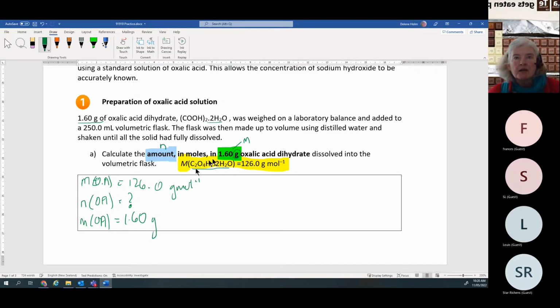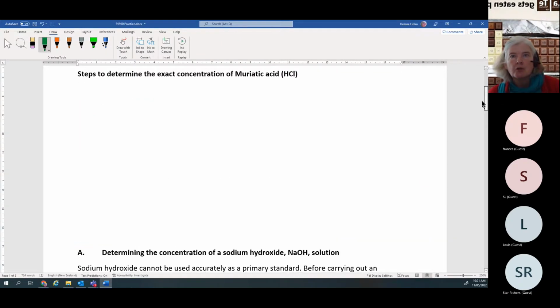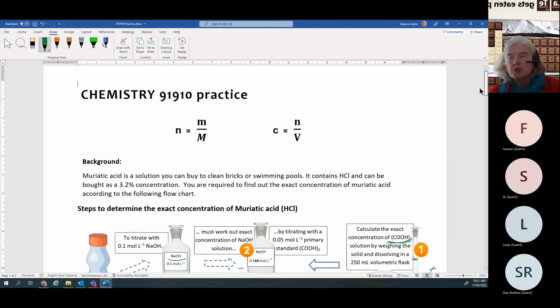Now notice I said 1.6, but I added the 0 because for excellence, the significant figures are important. So always try and keep at least 3 significant figures during your working. Now, if you've got your big M, your n, your little m, you go back to the top and you go, which of these equations, use the one on the left-hand side.